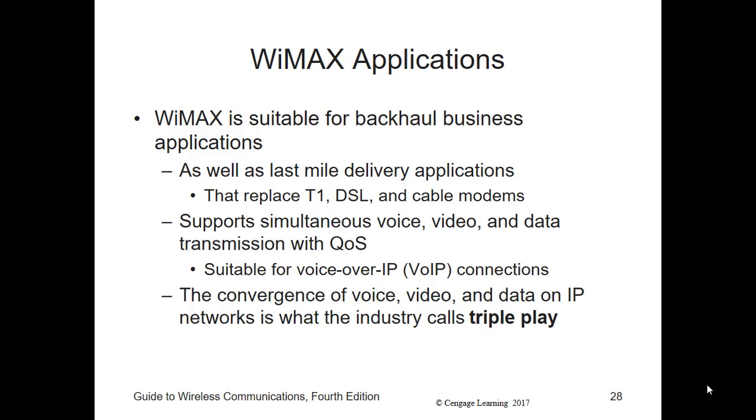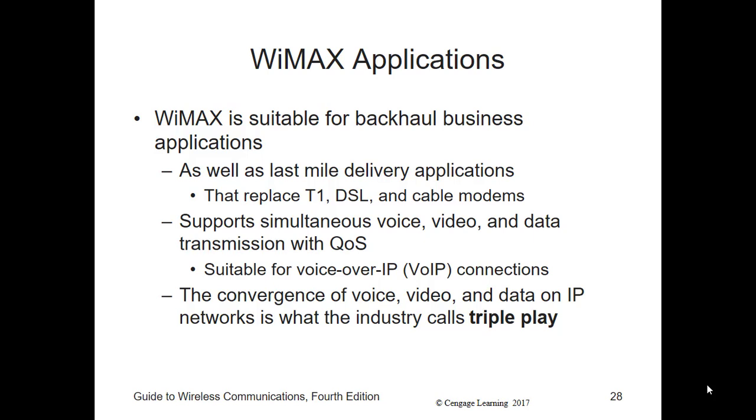So it's actually capable of replacing a T1 and DSL and cable TV modems for your internet. WiMAX can support simultaneous voice, video, and data transmissions for quality of service. The convergence of voice, video, and data on IP networks is what the industry calls triple play.